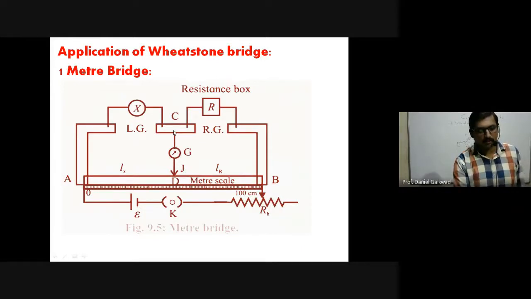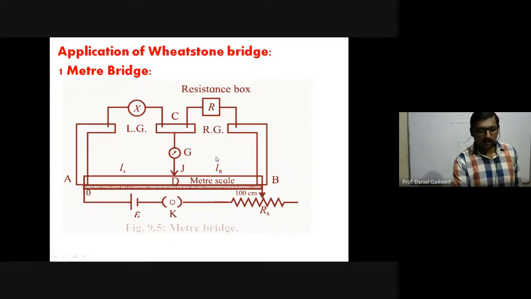So that connection is from C to the galvanometer and from the galvanometer to the jockey contact. From that contact, we have point A on the left hand side and point B on the right hand side, and the corresponding lengths will be Lx of wire and Lr of wire. That is for the balancing length. Now this is the actual circuit diagram.